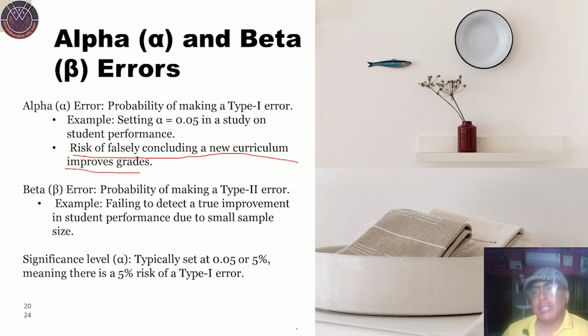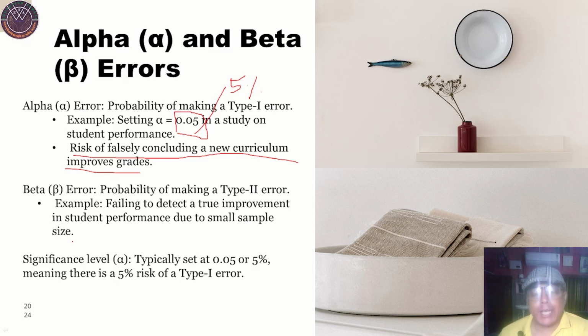You see if the calculated value is high enough that you can decide the new curriculum is working, then how much risk should you accept? So 0.05, that is 5%, is the risk which is acceptable in social sciences.